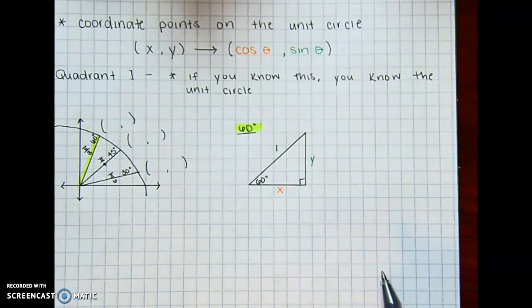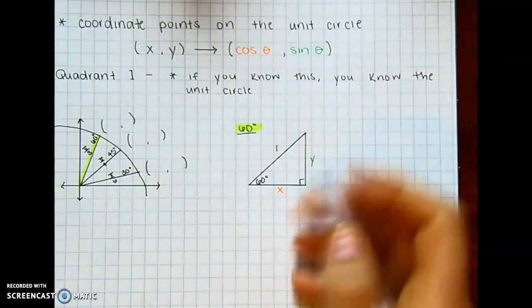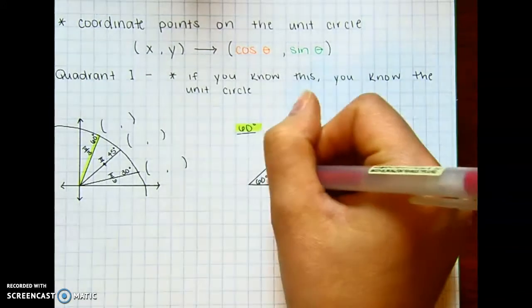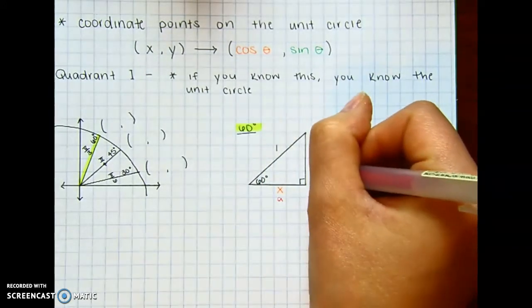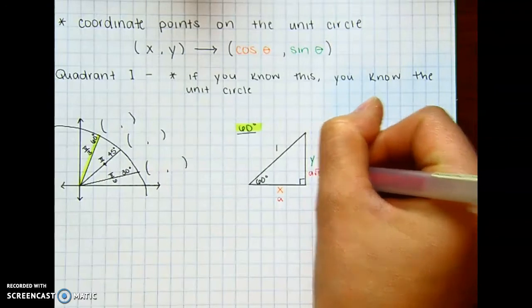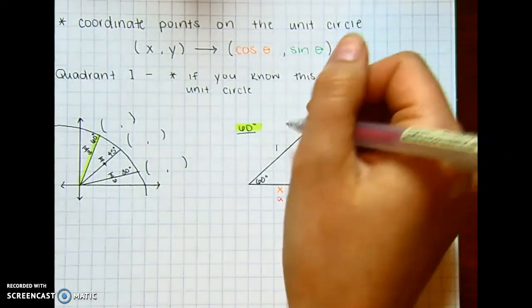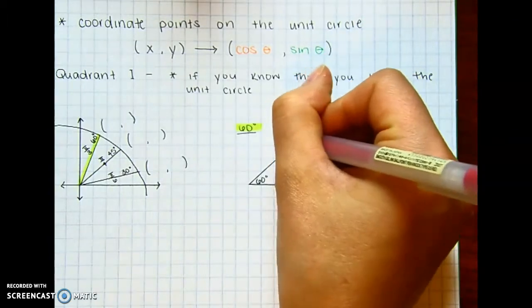So that all being said, we know a thing or two about special right triangles, right? If this is 60 degrees, then this is 30 degrees. So this has the length a, and this has the length a root 3, and this has the length 2a.